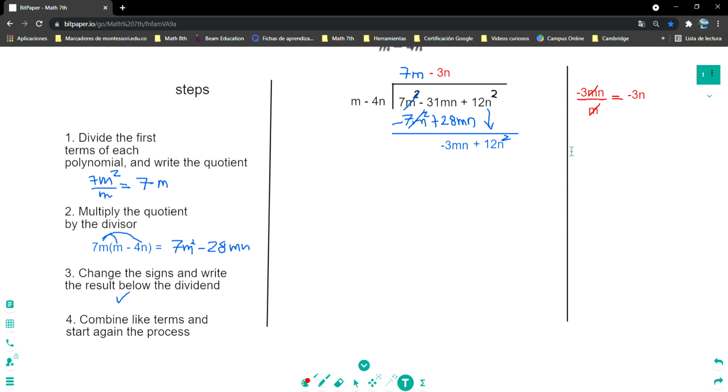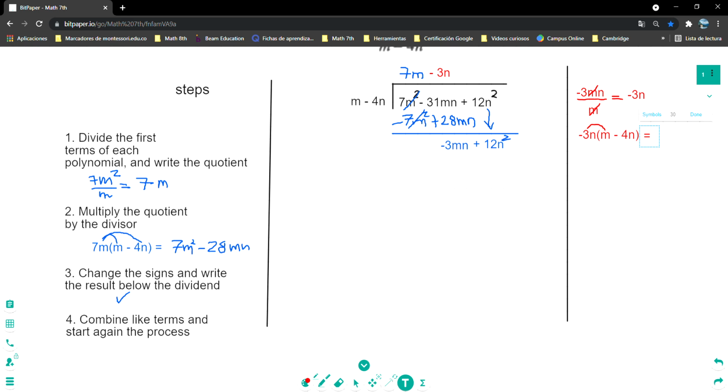Alright, the second quotient, and then the same. In the second step, we multiply the quotient by the divisor. So we multiply minus 3n times m minus 4n. Here we're going to use the distributive property, so we multiply minus 3n times m, which is minus 3mn.